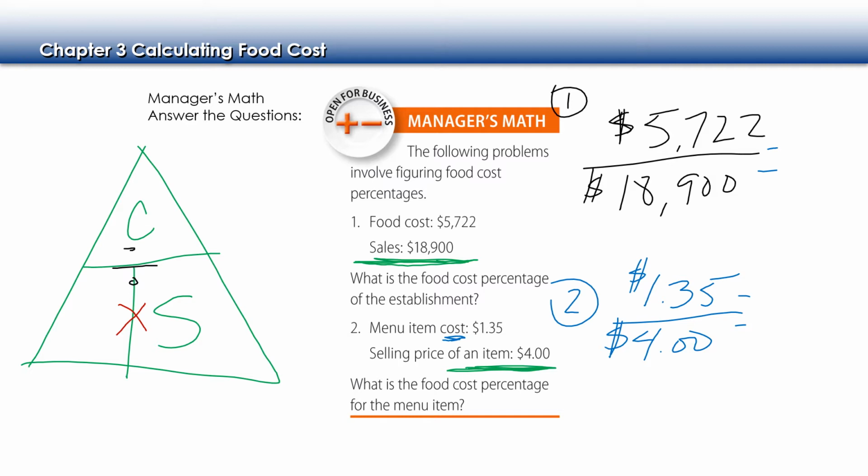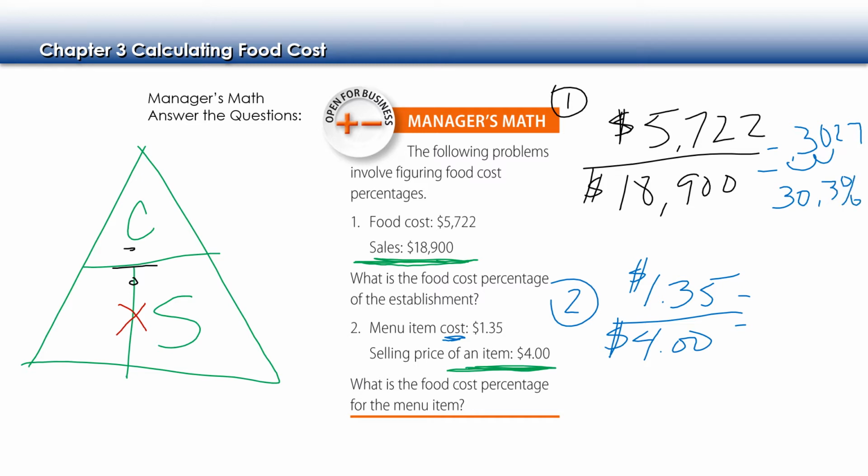All right, so for number 1, we got 0.3027. When we multiply by 100 and move that decimal place over 2, we get 30.27, and we're going to go ahead and make that 30.3%.